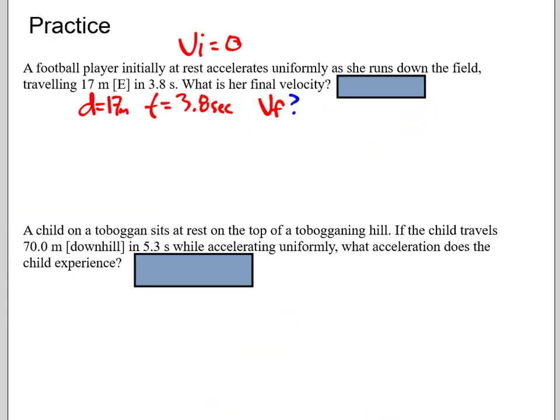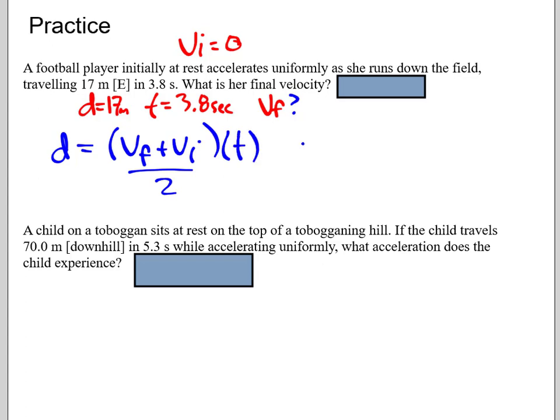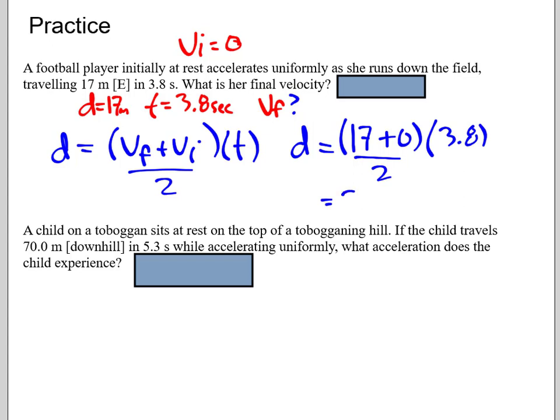D equals VF plus VI over 2 times T. D is, gotta get out of the way of my own projection here. 0 over 2 times 3.8. So 8.5 times 3.8, and we get 32.3 meters. And it should be to the east.